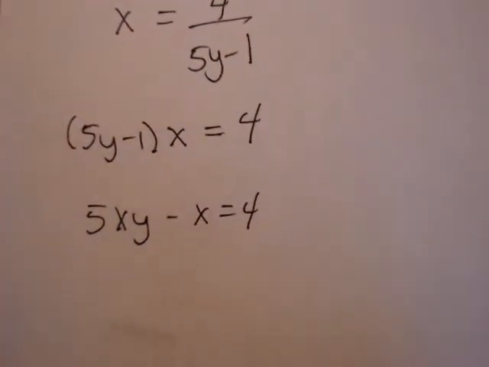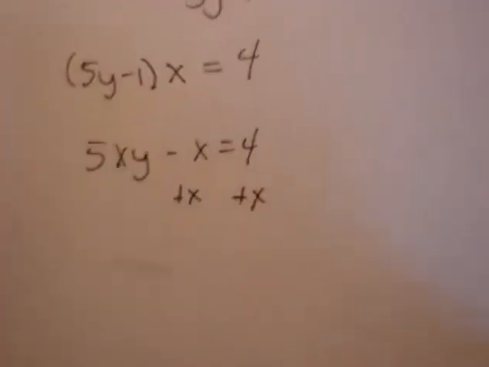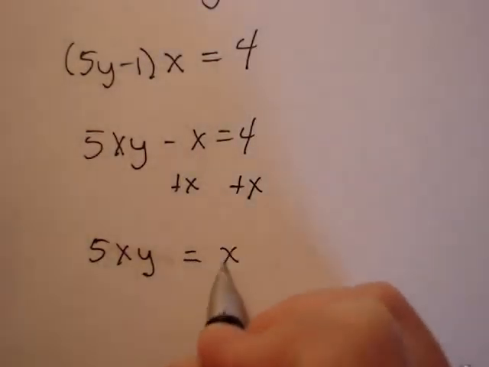Now remember, the goal is to solve for y. So let's start the sorting process. Every term that has a y should stay over here on the left-hand side. Every term that does not have a y should be moved to the right-hand side. So we're going to add x to both sides, and we will get 5xy is equal to x plus 4.